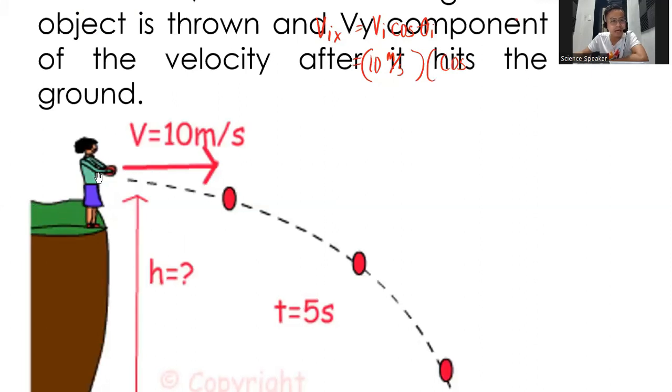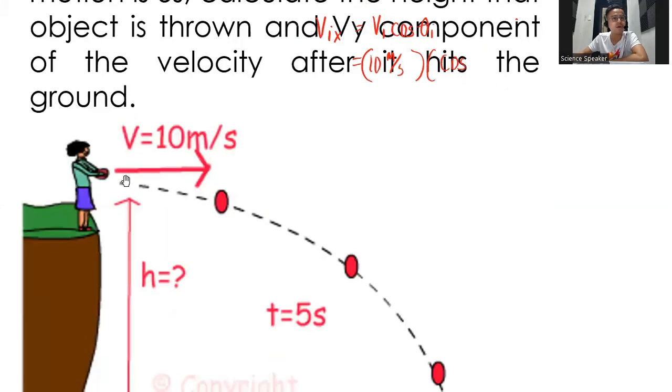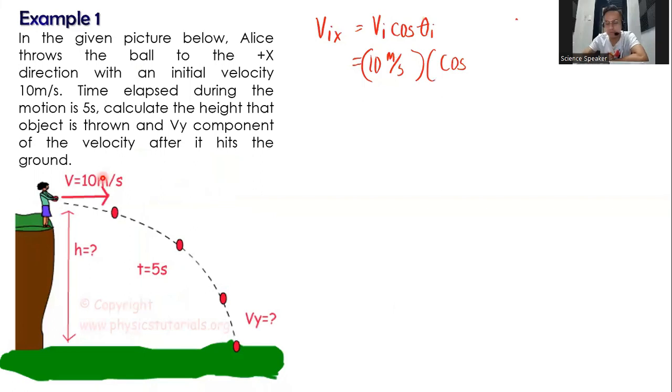Technically speaking, the moment Alice throws the ball, at the very first part of the trajectory, there is no angle there. So the angle is 0. So we have cosine 0 degrees. 10 meters per second multiplied by cosine 0, which is 1. So we simply multiply this by 1.